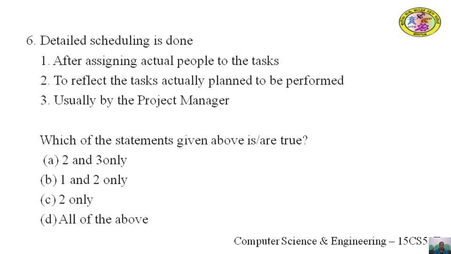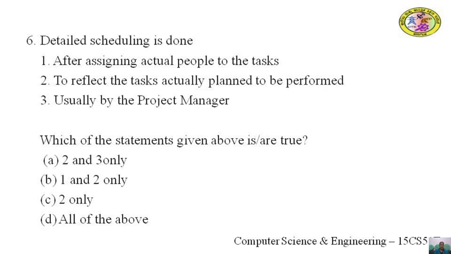The next question is, detailed scheduling is done: 1. After assigning actual people to the task. 2. To reflect the tasks actually planned to be performed. 3. Usually by the project manager.